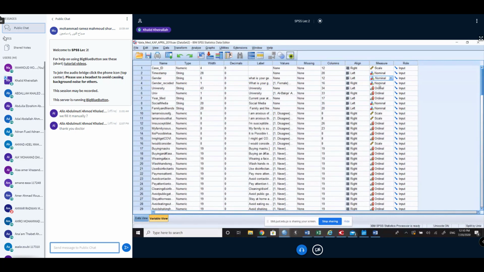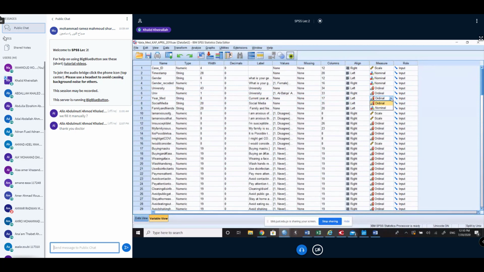So a nominal scale measures the variable using values that have no numeric order. You cannot order males and females, which is bigger. Now medical year, for example, is 1st, 2nd, 3rd, 4th, 5th, and 6th. We know that the 6th year is greater than the 1st year.